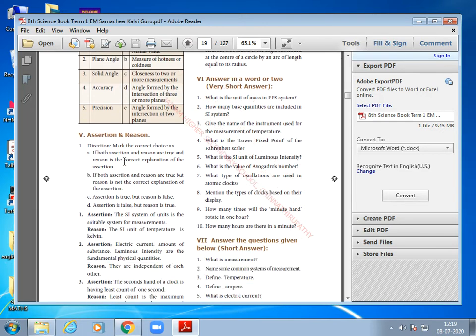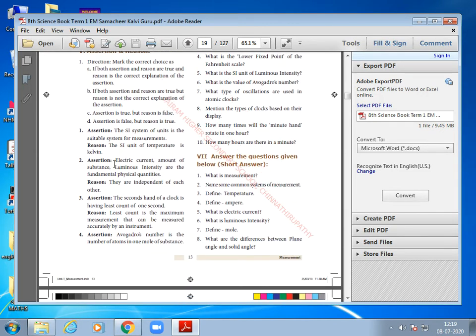Okay, next, assertion and reason. The first question. The assertion: the SI system of units is a suitable system for measurement. The reason given is: the SI unit of temperature is Kelvin.